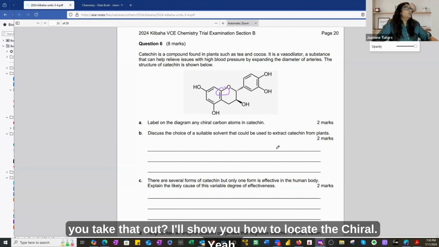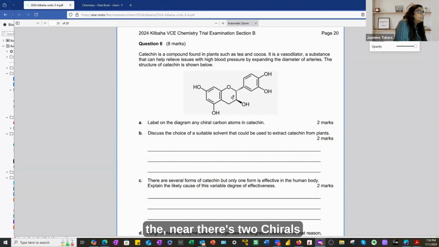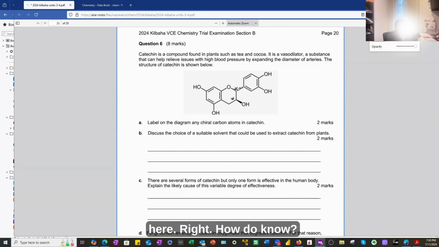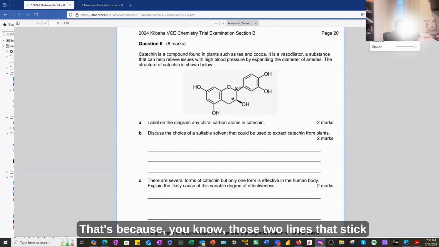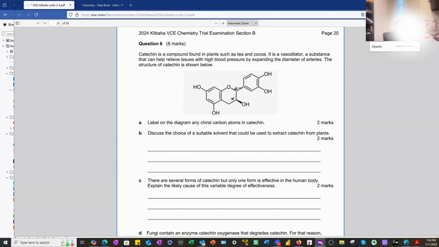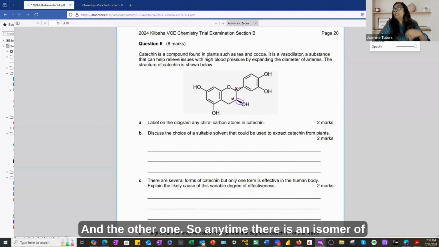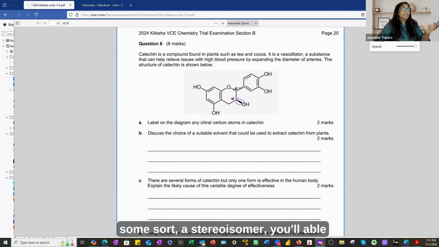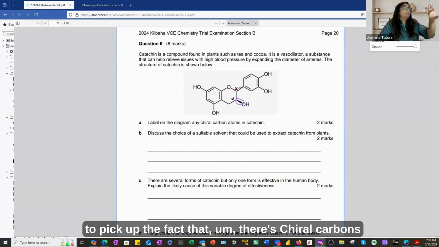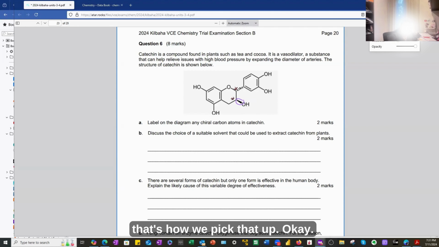I'll show you how to locate the chiral carbons. There are two chiral carbons here. How do you know? Because of those two lines that stick out, showing isomers of some sort. Anytime there is a stereoisomer, you'll be able to pick up the fact that there are chiral carbons, with the molecule rotating around them. That's how we pick that up.